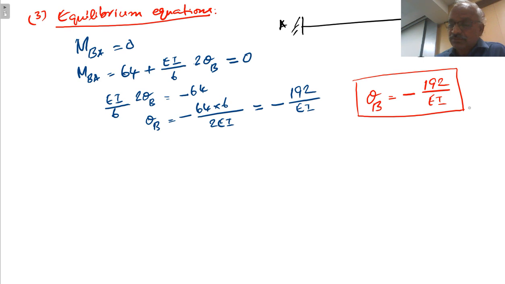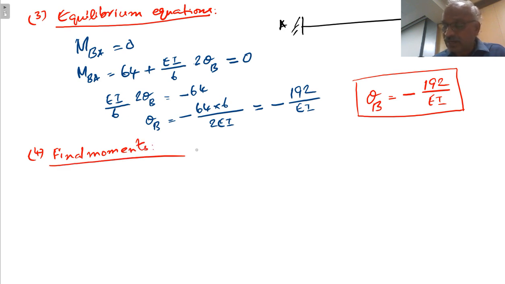Right. So next is that of the final moments. For final moments, what we have to do is rewrite the slope deflection equations one by one.